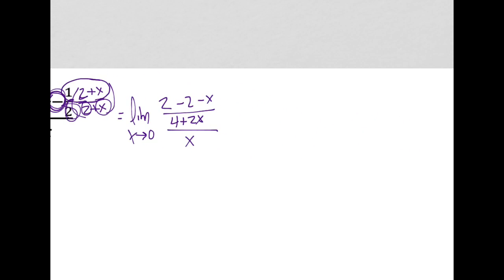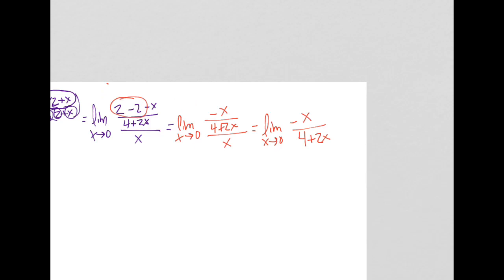But now look at what simplifies. 2 minus 2 right there cancels each other out, so we get a negative x over that 4 plus 2x over an x. And I should write that limit. But again, remember that dividing by x is the same as multiplying by 1 over x. And now we have two fractions, recognize an x and an x.